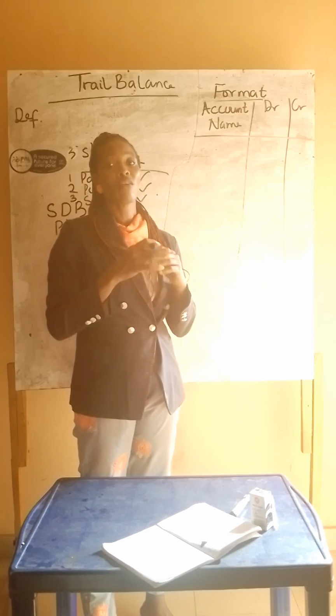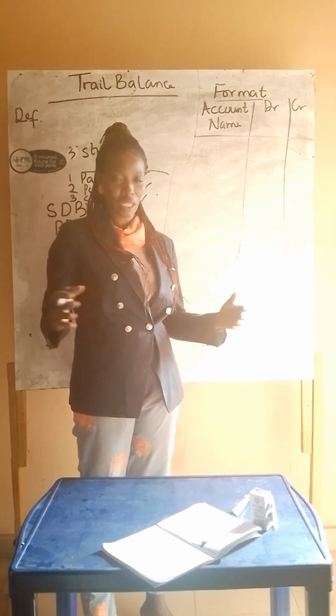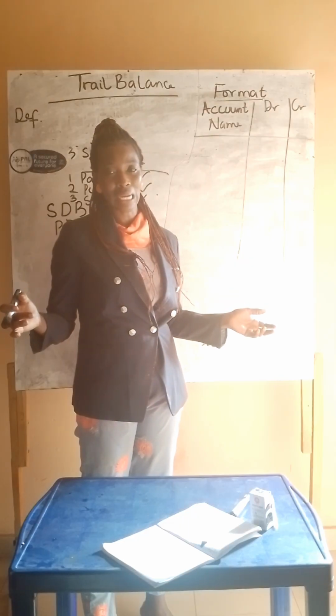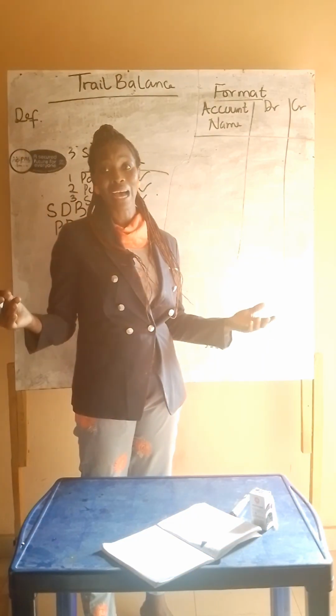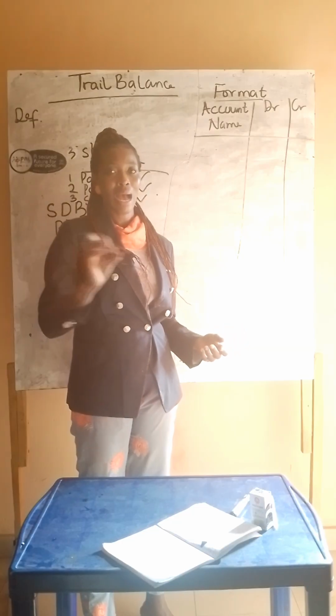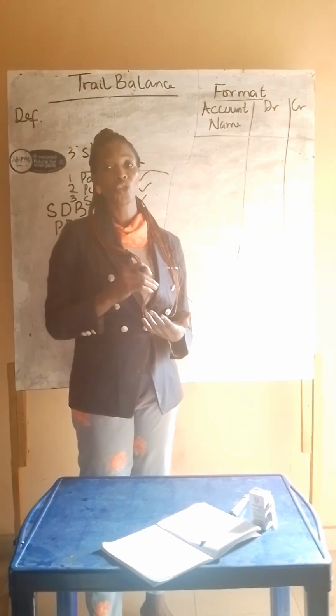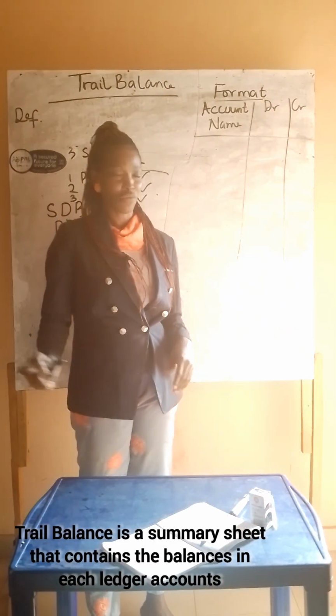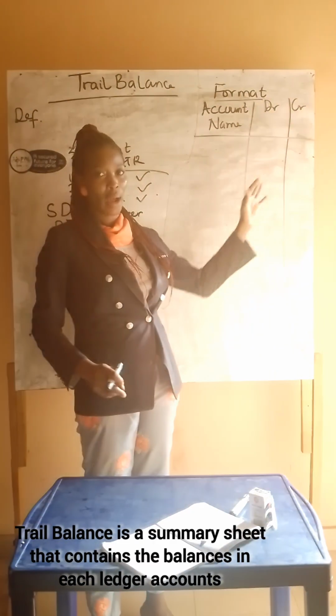Let's say you have four ledger accounts: your sales ledger account, cash account, debtor ledger account, supply ledger account. Now the balances that you have at the end of the period, you're going to transfer and put that final figure in each of them on your trial balance. That is all we're doing.